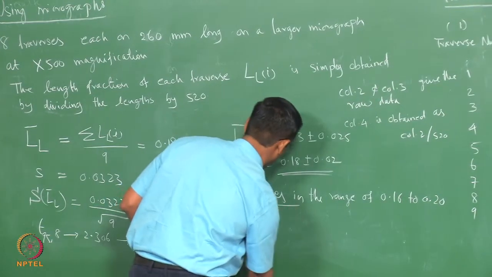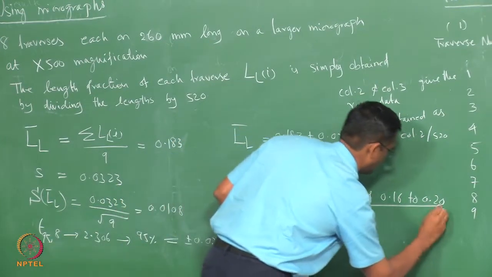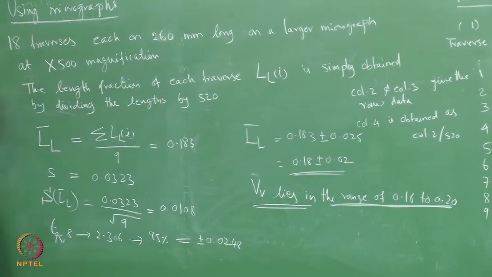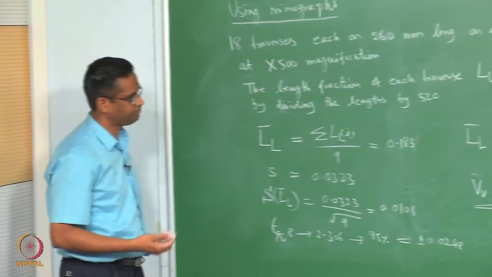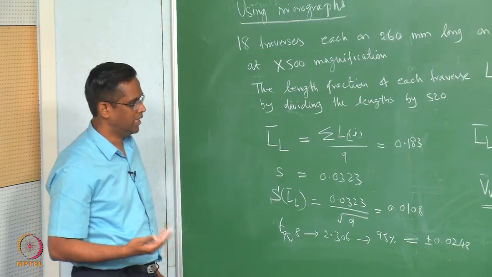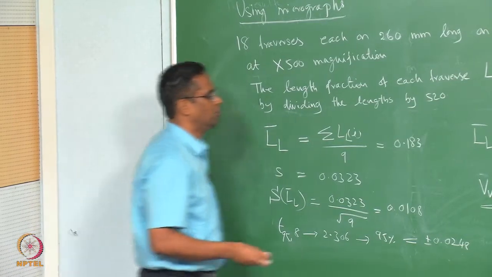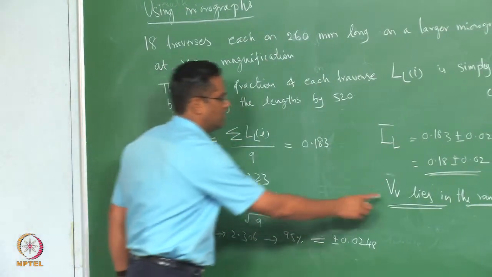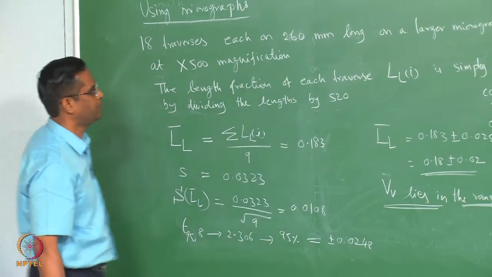So this is the conclusion: whether you use a point count or linear analysis, you get a similar result for obtaining VV.